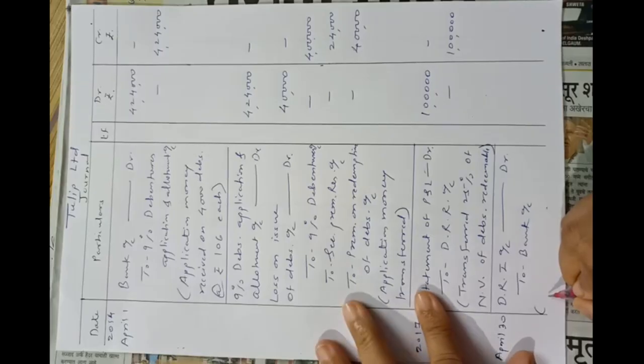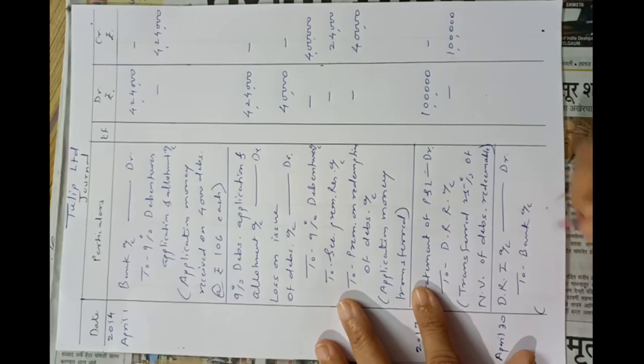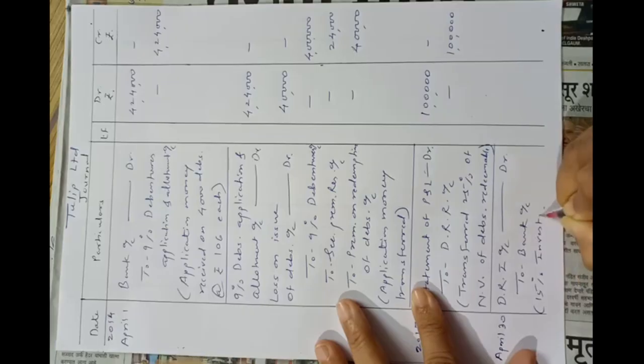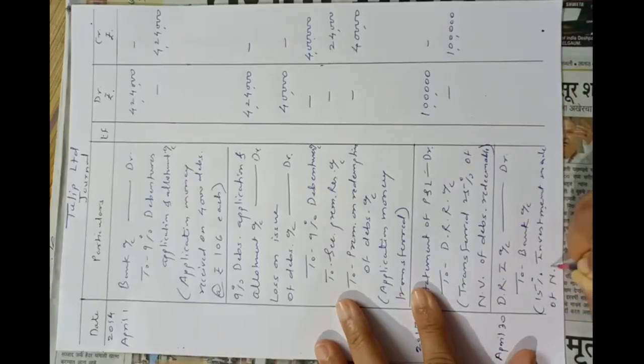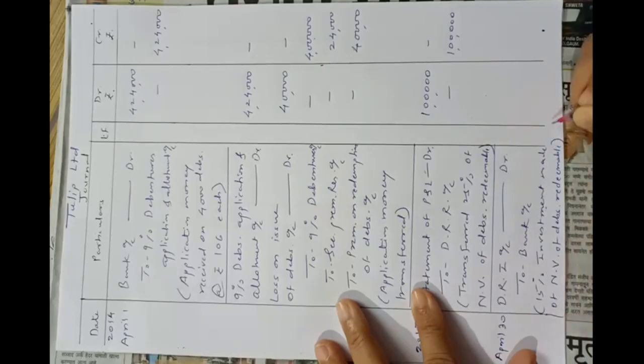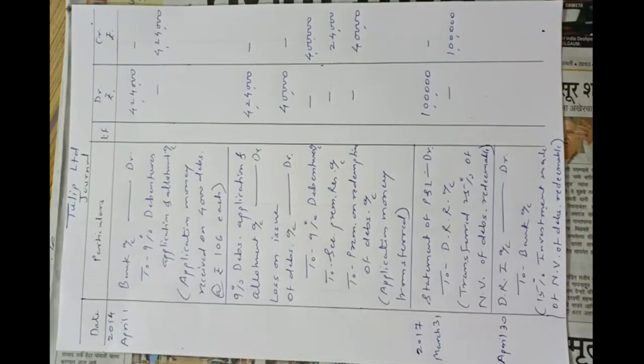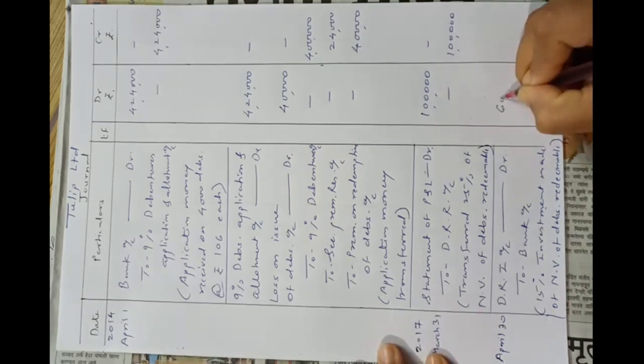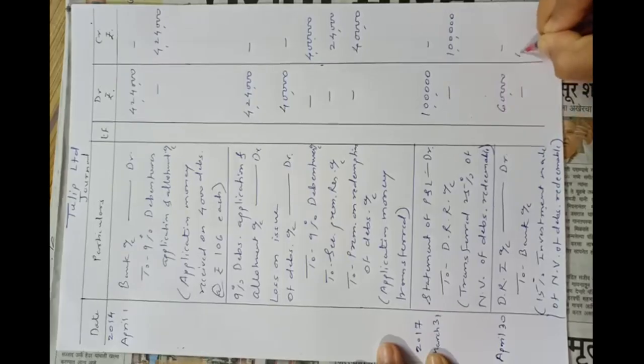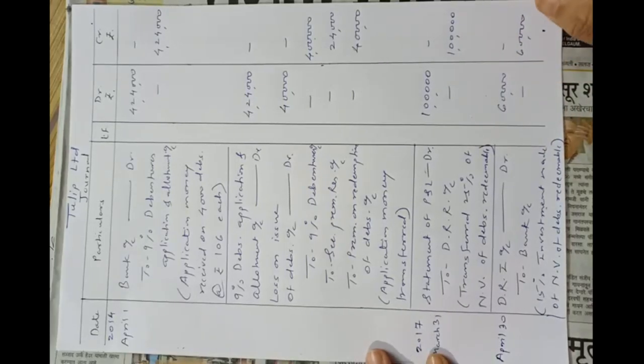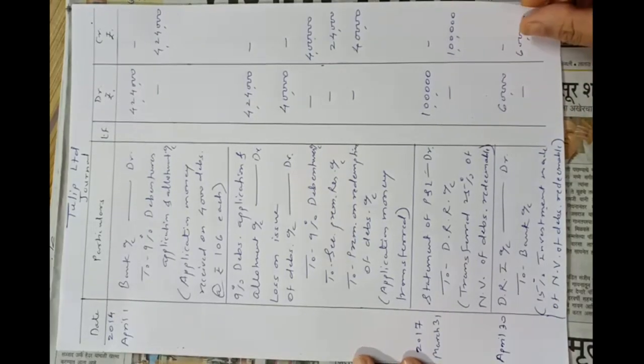Narration will be investment made at 15% of the face value of debentures to be redeemed, means 15% investment made of nominal value of debentures redeemable. Okay, 15% of 4 lakhs, that will be 60,000. So 60,000 worth investment was made. This is the entry of investment made. Okay, now next entry.